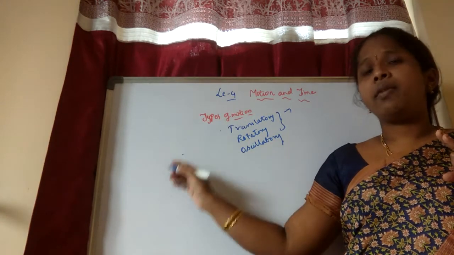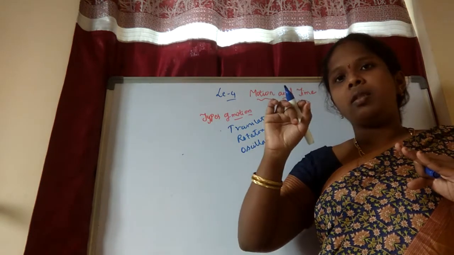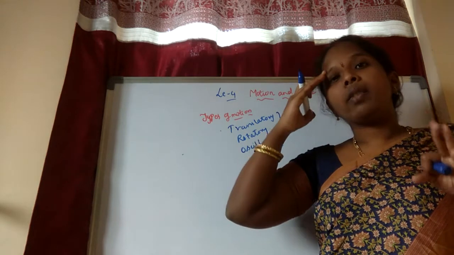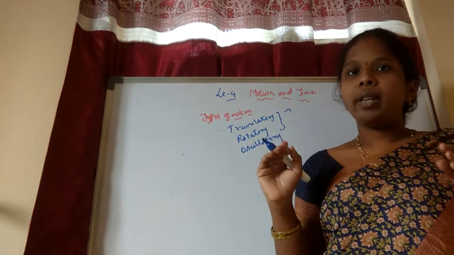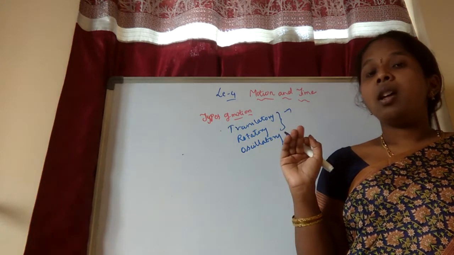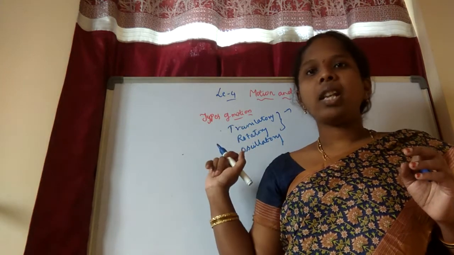The wheels, and also the parts inside the car, should move along with the car. All parts of the body should move in the direction of the motion, that is called translatory.